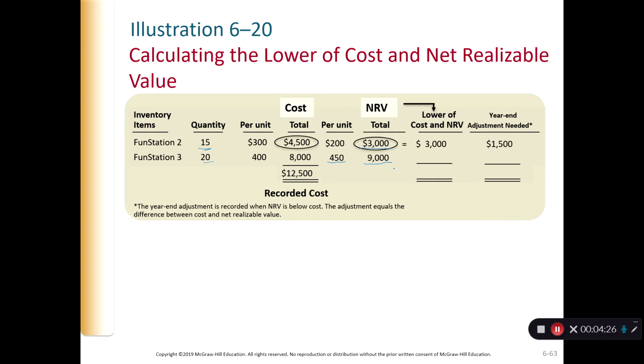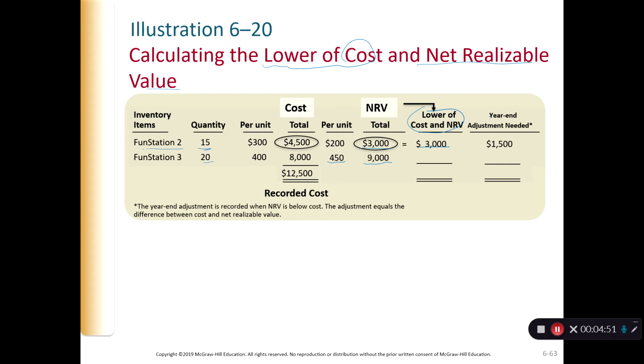In this situation, we want to write down the inventory cost of the Fun Station 2 because we always want to record the lower of cost and net realizable value, and in this scenario the selling price is even lower than the cost. Hence, we want to bring down the inventory account to the selling price.